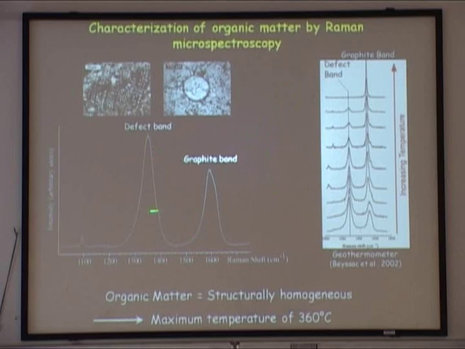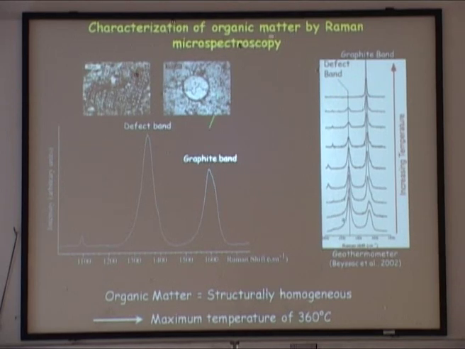This kind of spectrum changes with the temperature. If you have low temperature, you have a spectrum that looks similar to that one. And if you have high temperature, you end up with only this single peak, and this one is decreasing. So you can really use this spectrum as a geothermometer.